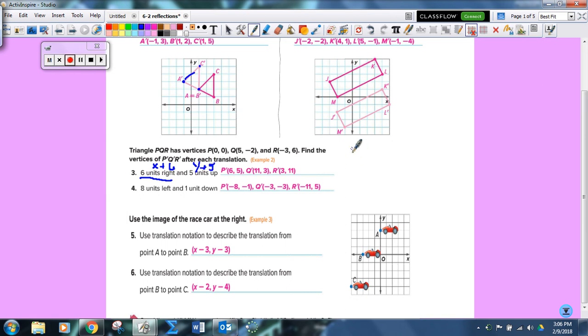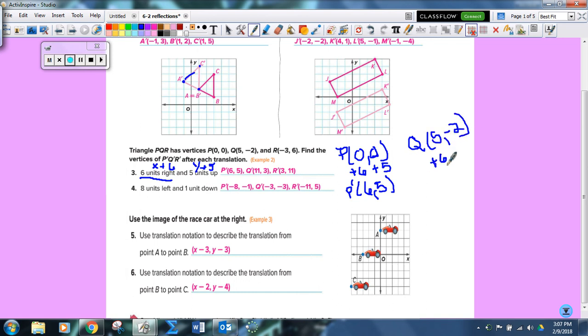So if I take the points P, which is 0, 0, I add 6 to the x, add 5 to the y, that gives me 6, 5, which is P prime. I take Q, which is 5, negative 2.